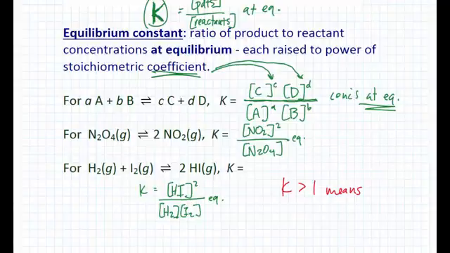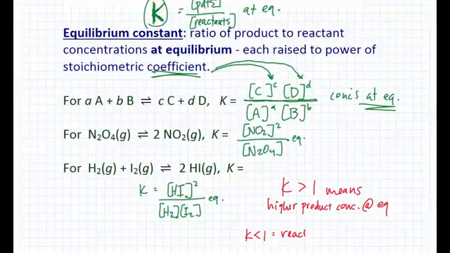A higher concentration of product at equilibrium. And if it's less than 1, reactants favored. That's the term we're going to use.